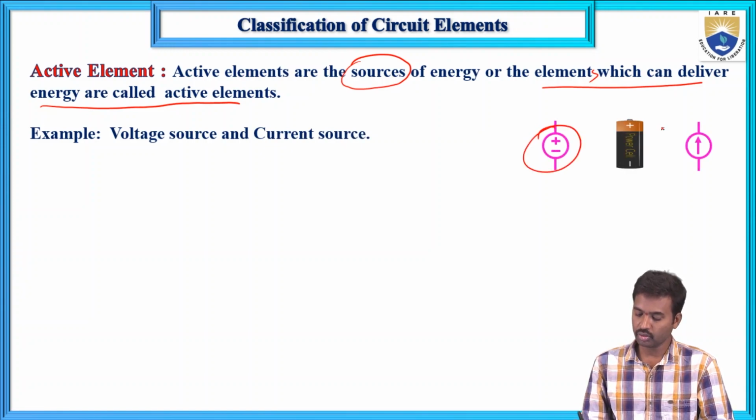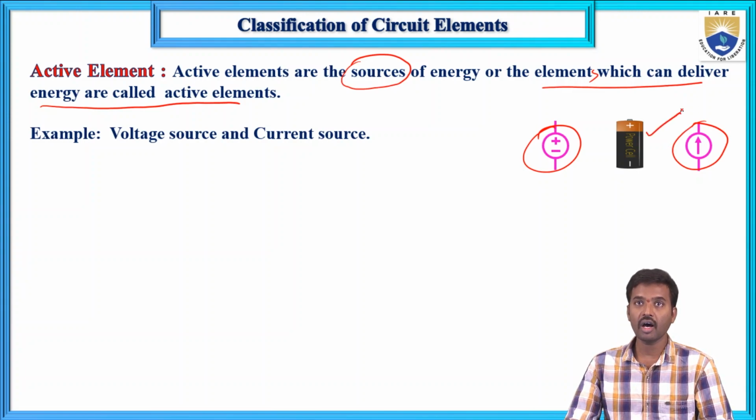This is a voltage source, this one is a current source, and this is a power cell, a battery. All of these deliver power and are known as active elements.